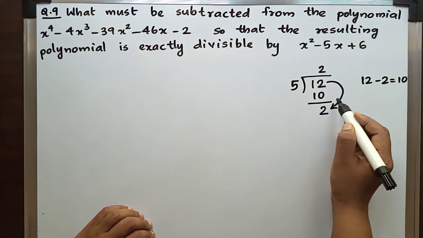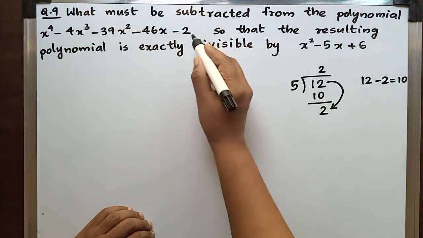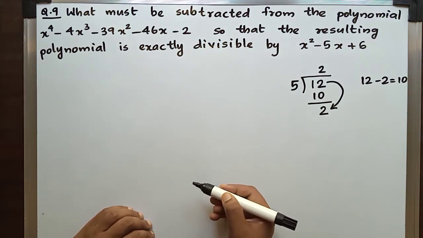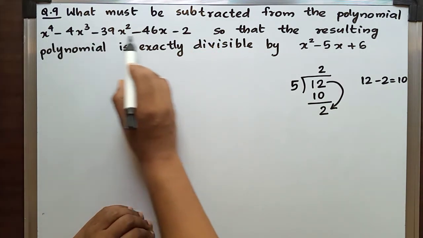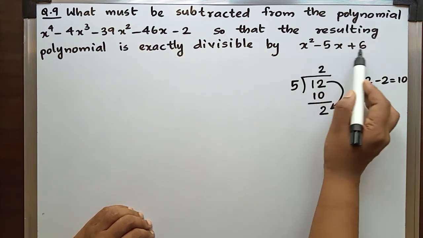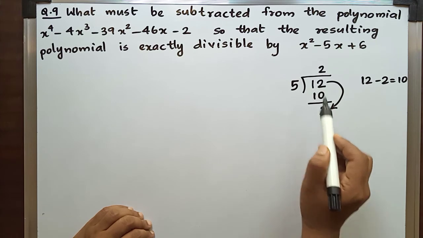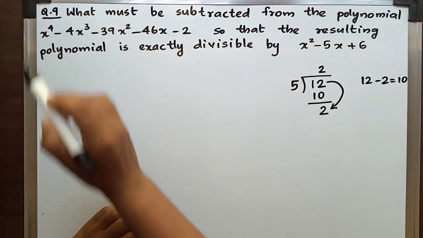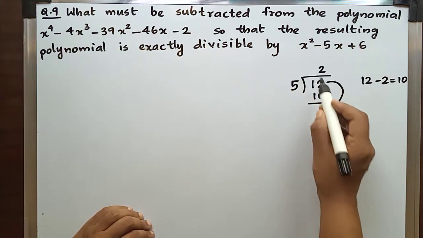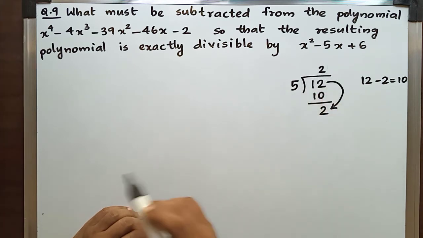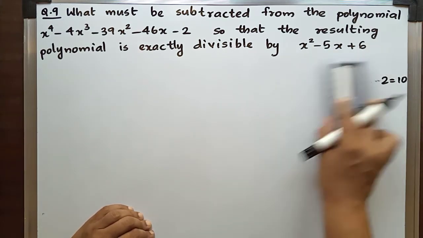So let us relate this simple problem to this given question. First we have to divide this polynomial by this polynomial, and what we get as the remainder is the thing which we have to subtract from this. Okay, the logic we got from this simple problem, let us apply it here.